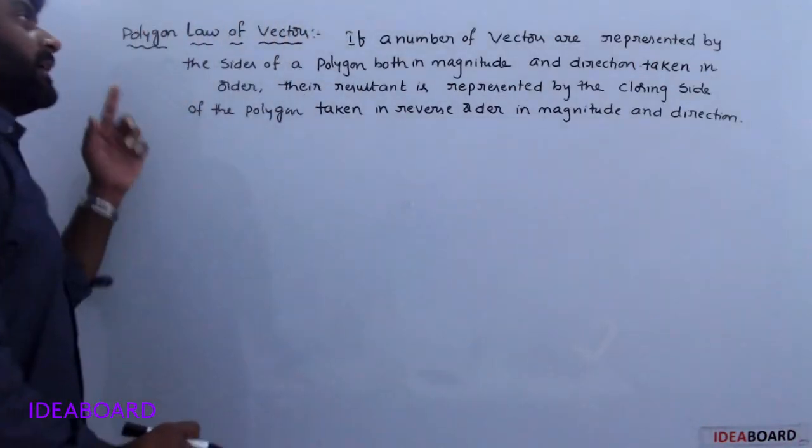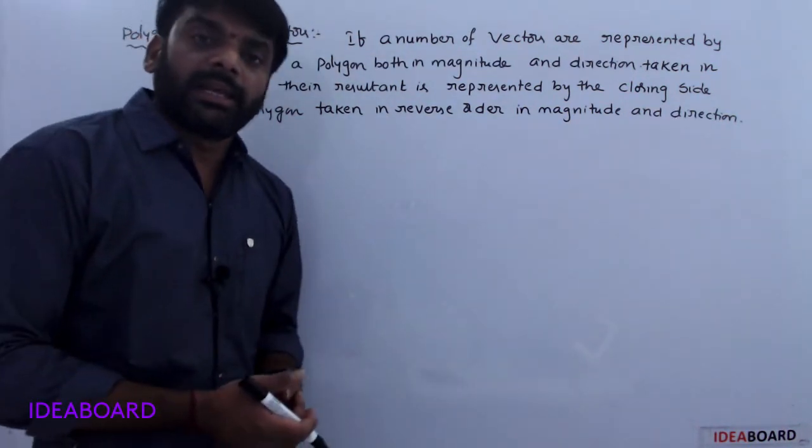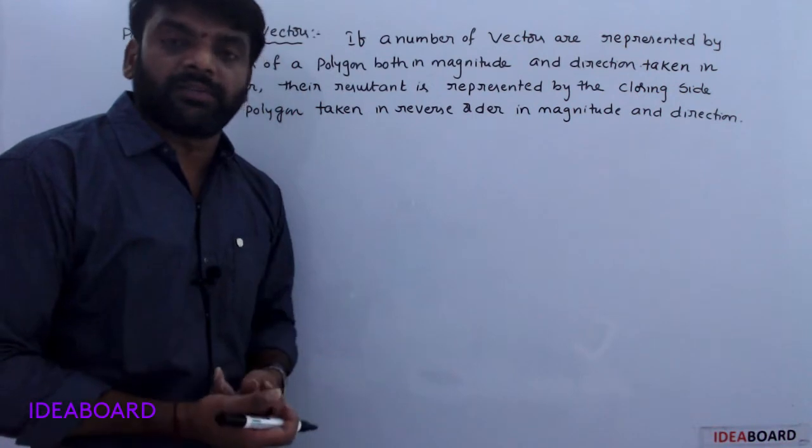So next, polygon law of vectors. Polygon law of vectors means a number of vectors are represented by the sides of a polygon.